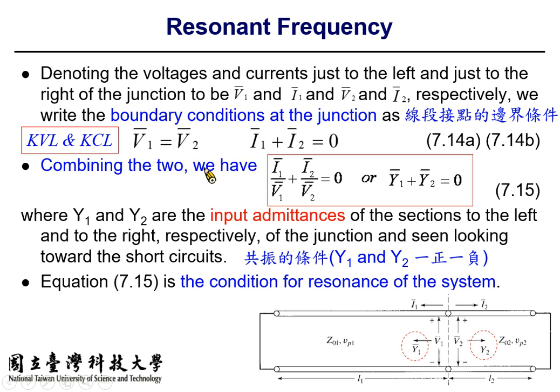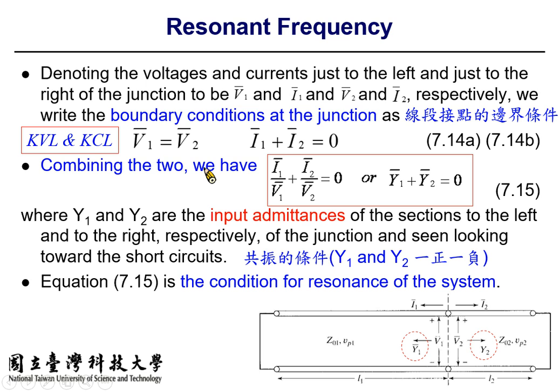Admittance. Let's add a note here. We see that impedance Z equals R plus jX, and admittance equals G plus jB.